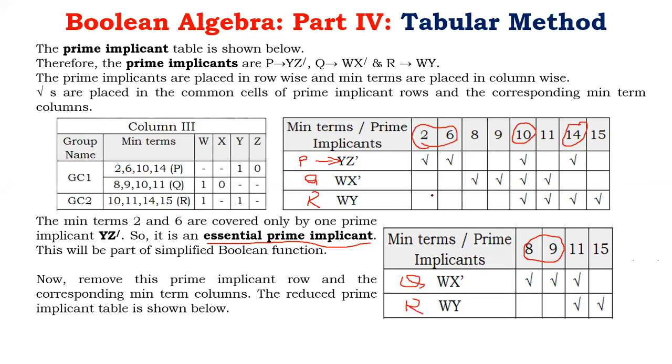You should observe in the prime implicant tables which are essential to cover the min terms.